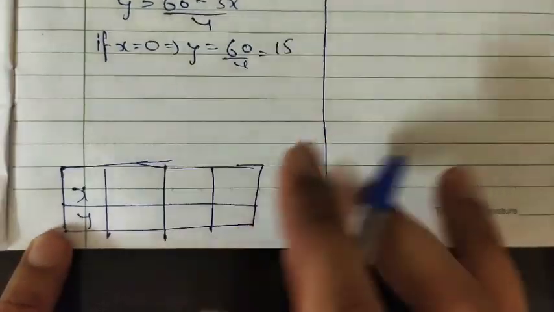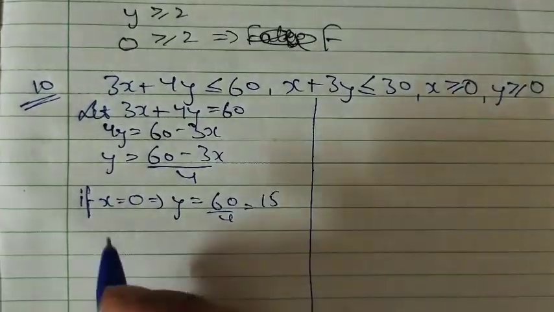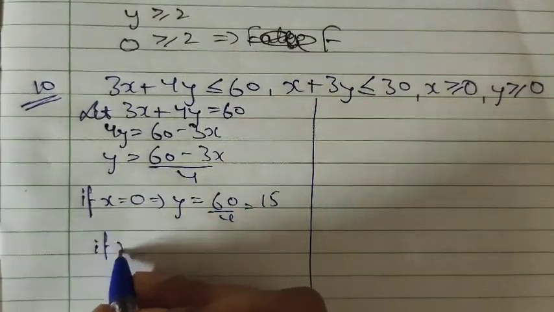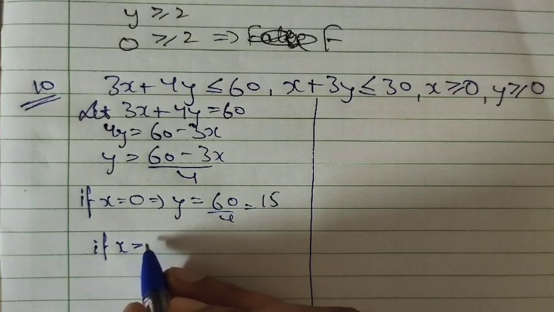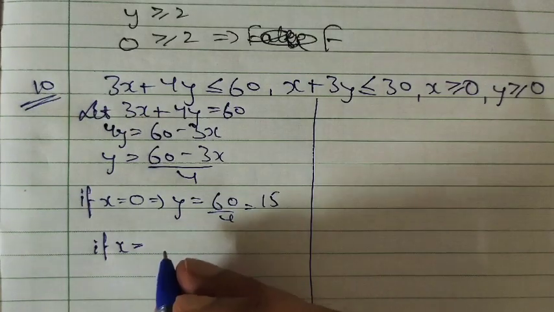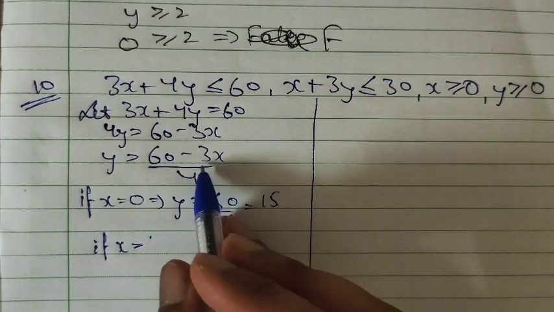So if x is 0, y is 15. If x is, let's say, 2 or 20.